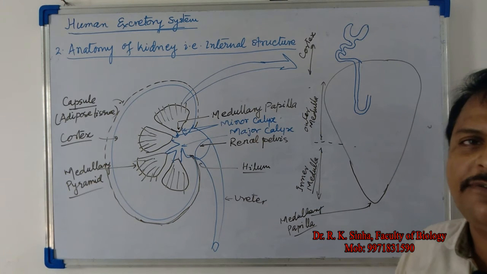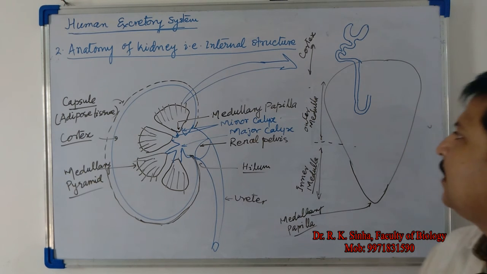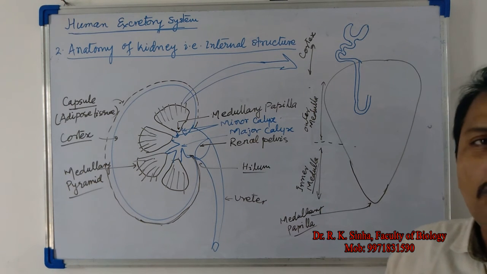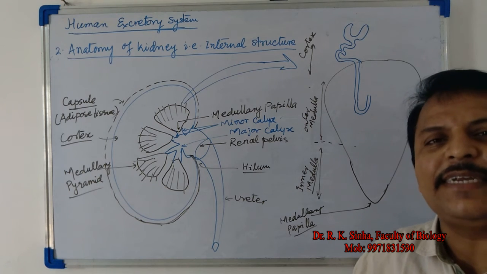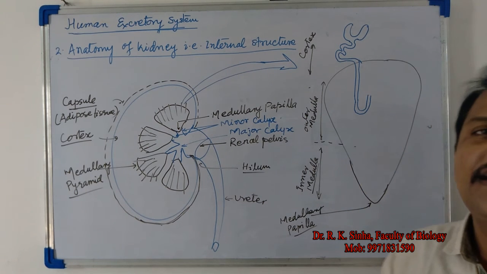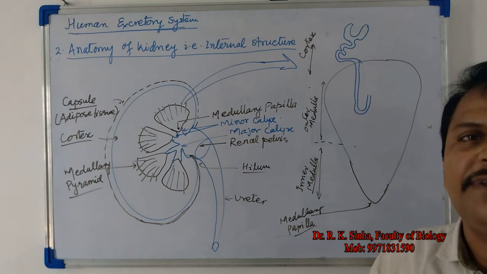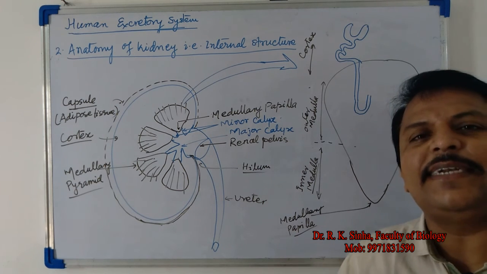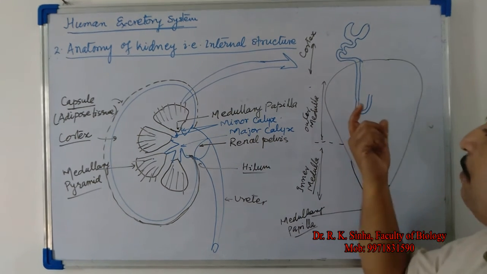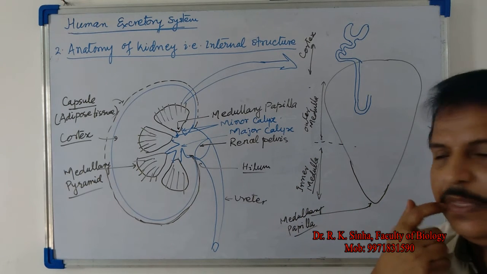Looping is very important for the concentration of the urine. So without the loop the urine cannot be concentrated. So the presence of this loop of Henle in metanephric kidney is to concentrate the urine. So this looping is a very important part of the kidney.